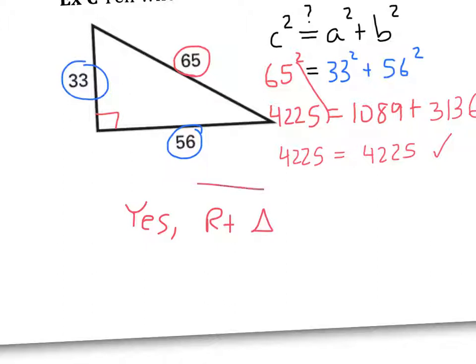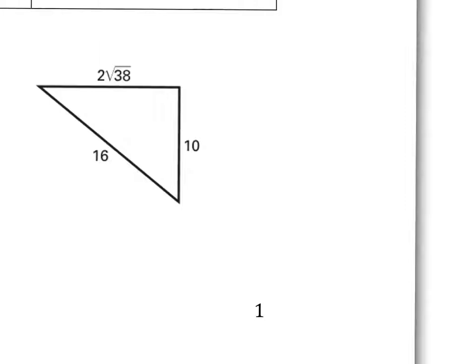And you can abbreviate right triangle with RT and a triangle symbol. All right, this one's a little bit more of a booger because we have a radical in there. Now, it turns out that dealing with radicals is not as complex as we may think. So again, I'm going to start off with c squared is equal to a squared plus b squared, and I have to determine which is my c.